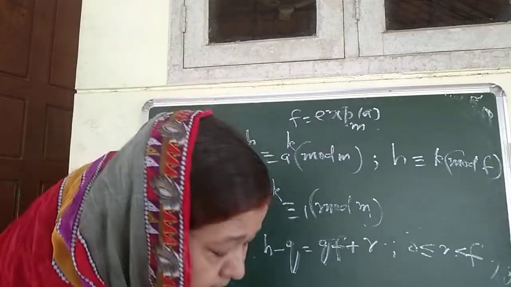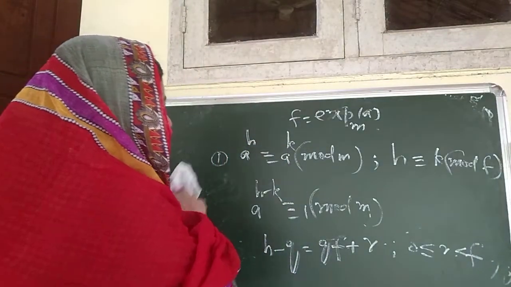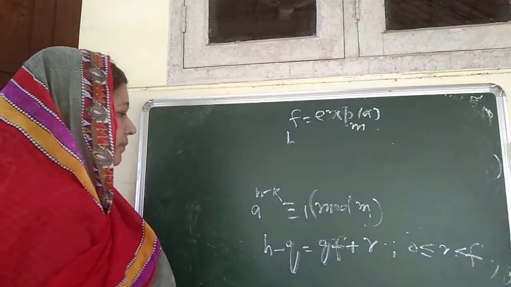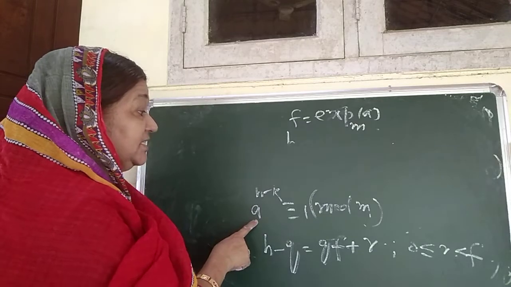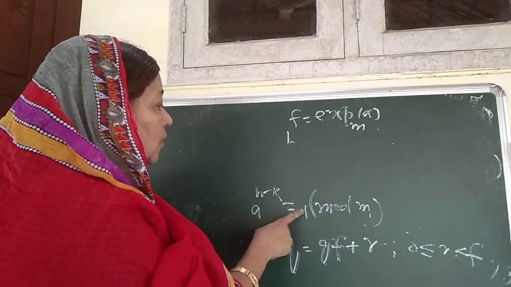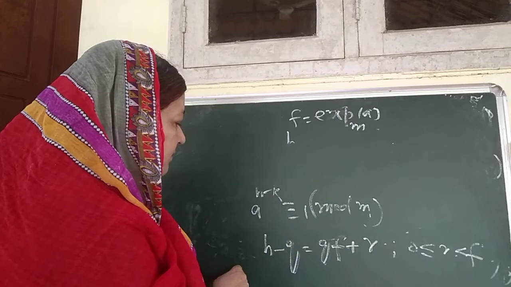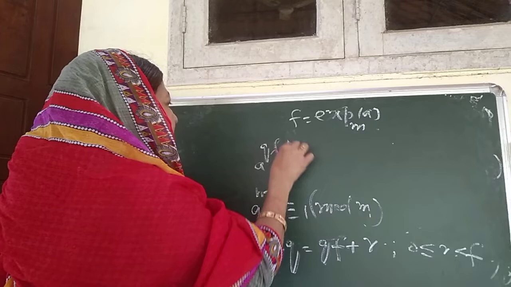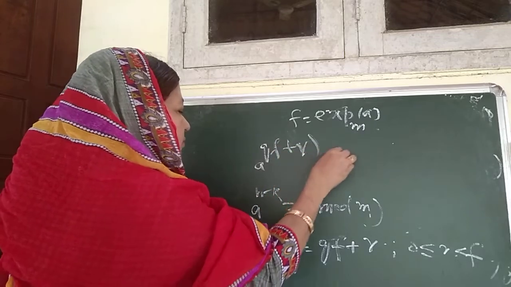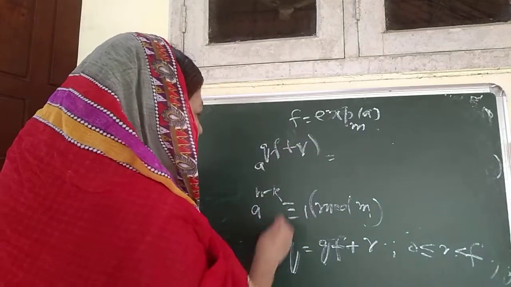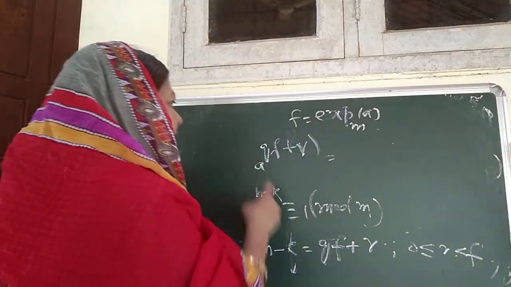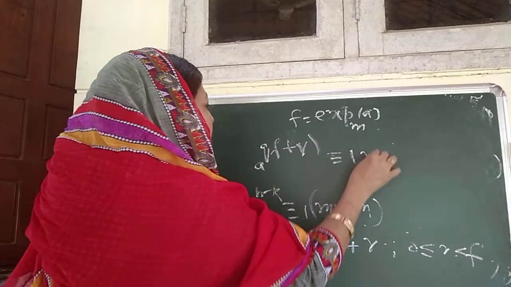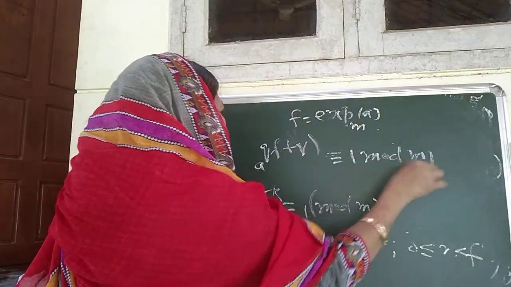But a raised to h minus k is congruent to 1 modulo m, which means a raised to qf plus r is congruent to 1 modulo m.